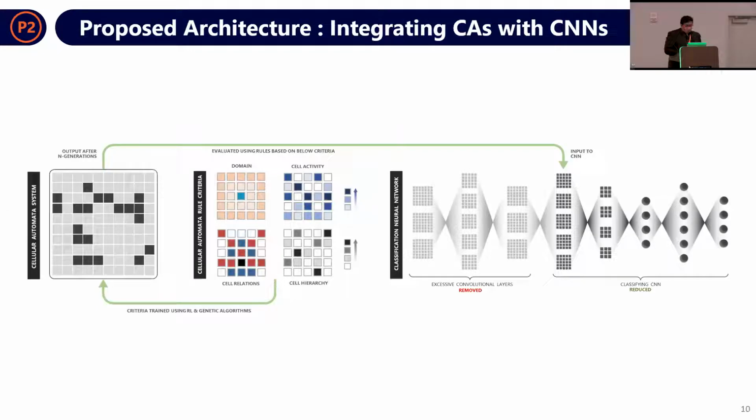So I propose this architecture where we have our cellular automata system with the kernels, and we basically remove a set of convolutional layers from a deep convolutional neural network, and pass your input image onto the cellular automata, and then process it and then pass that to a stage in the neural network.